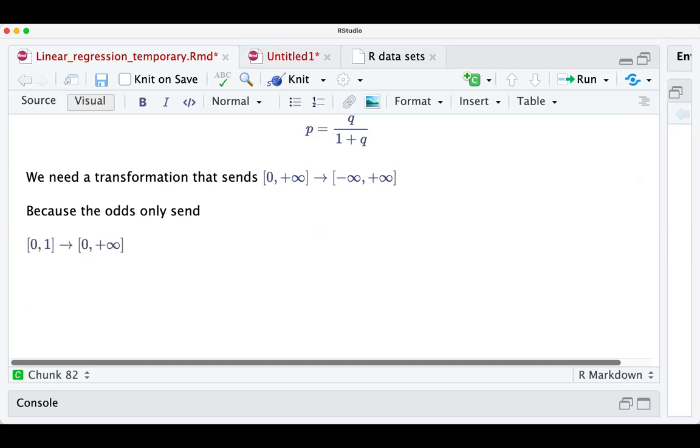And what is this transformation? Well, the logarithm. The log does its job, because let's look at this function, this logarithm.